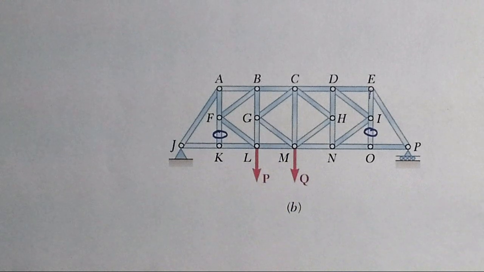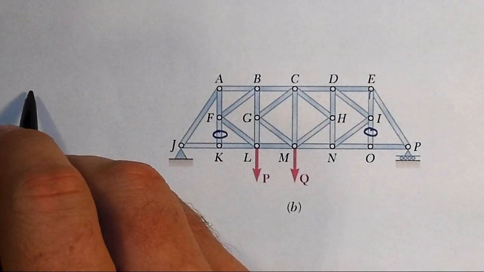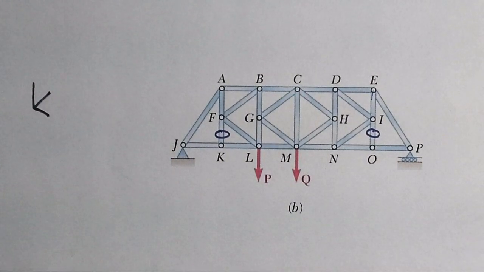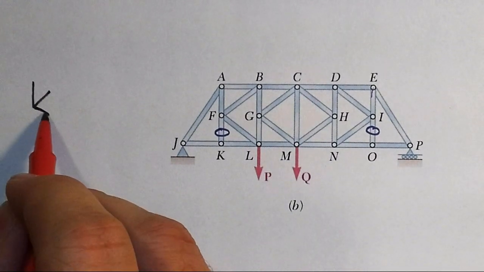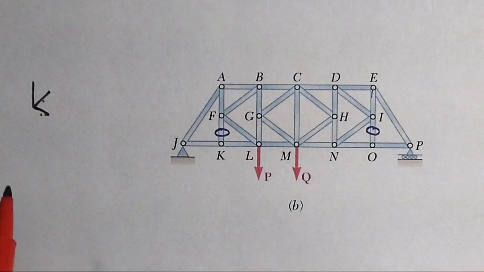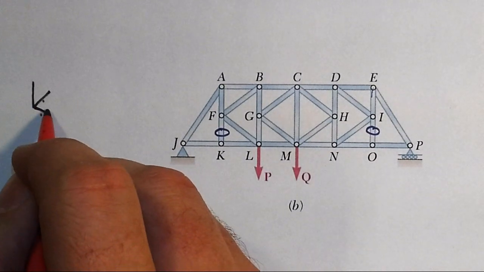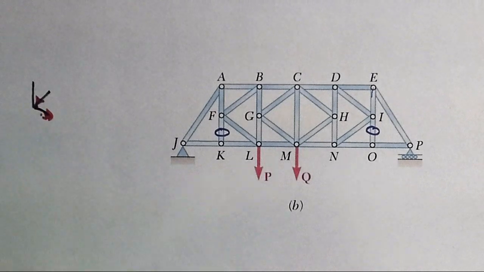Let's just show that free body diagram real quick. At F, we already know that KF is 0, so these have to have X components that are the same, and so that means that one of them is going to be in tension, one in compression.